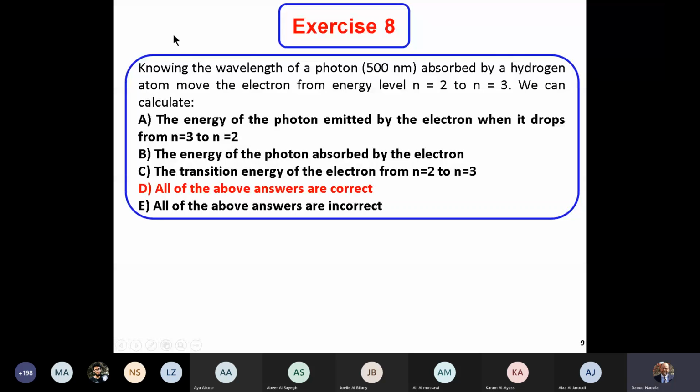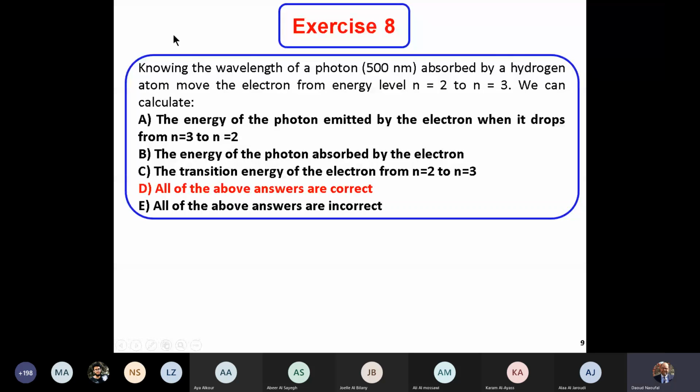It absorbed radiation of wavelength lambda 500 nanometer. So the electron will pass from a lower state to an excited state, which is n equal 3. When the electron returns from 3 to 2, it will emit radiation as light.